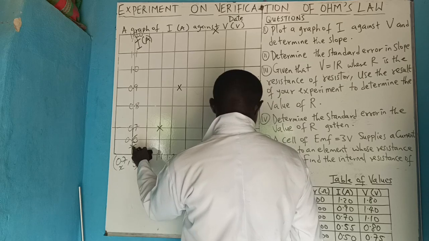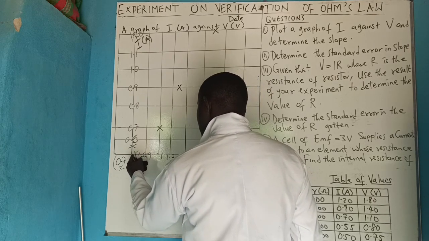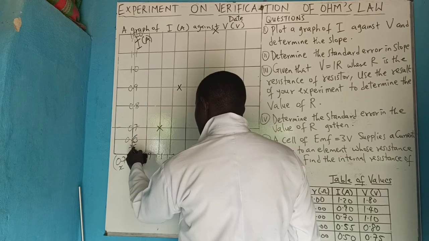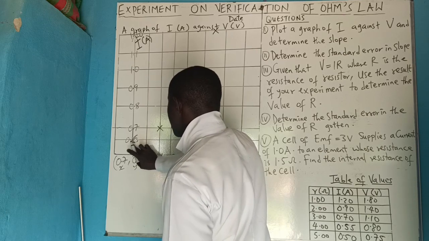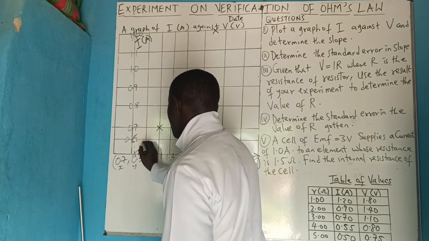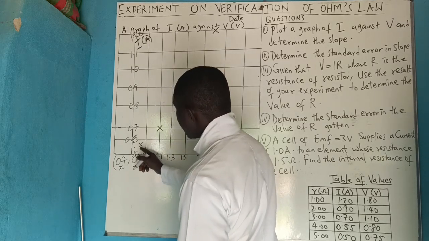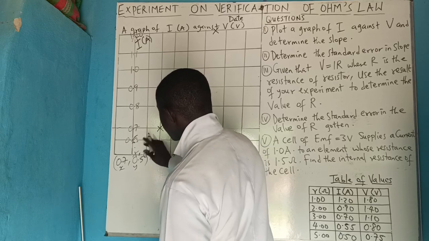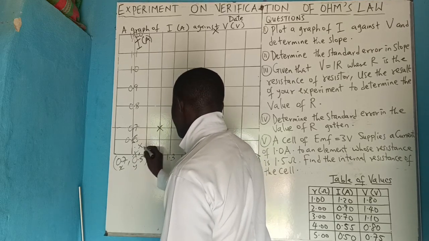Here is 0.55 against 0.8. Here is 0.8. 0.55 against 0.8 is here, like they have.